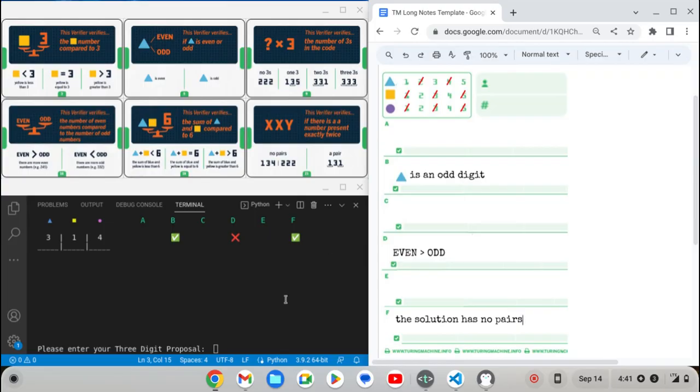So let's see. If it's going to be less than, well, that's not true, because you could have a 5, 2, and that's greater than.